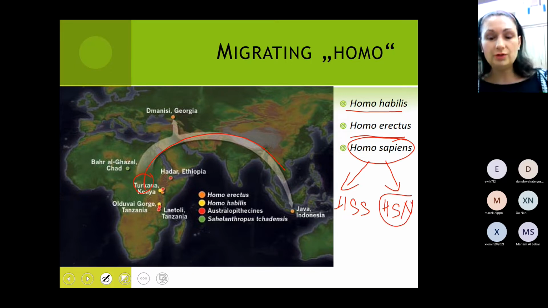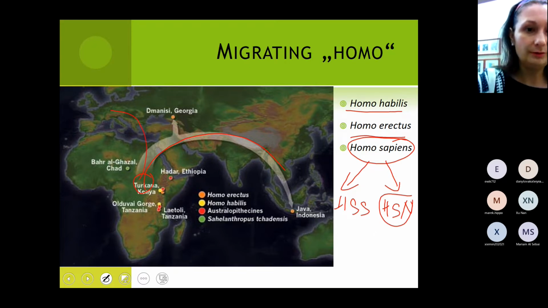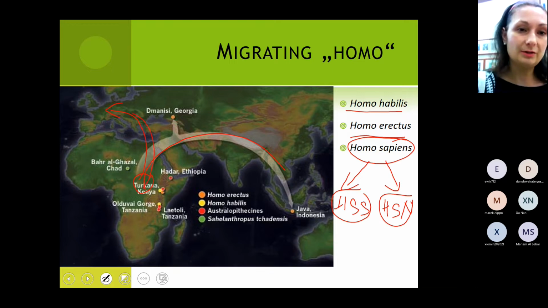It is considered that Homo sapiens neanderthalensis came first from Africa and colonized only Europe. And in the second wave, Homo sapiens sapiens recolonized Europe and also the rest of the world.